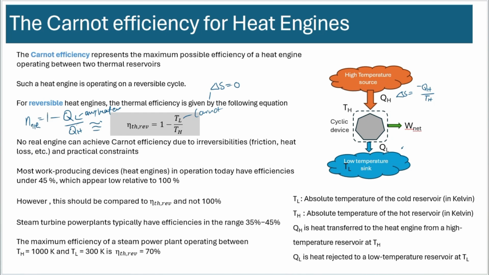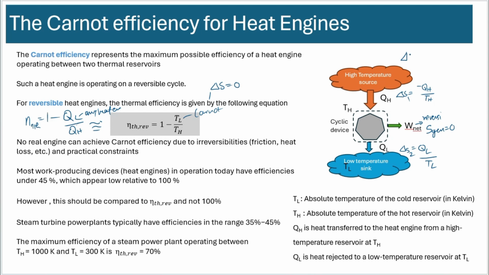Delta S2: you're gaining heat on the sink at temperature TL, so the delta S is QL by TL, positive. And this is reversible work done because it's the best possible system, so S gen is 0.